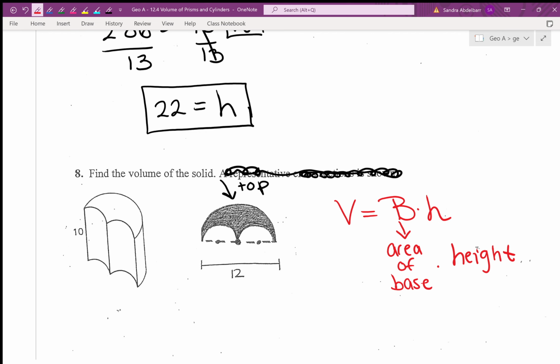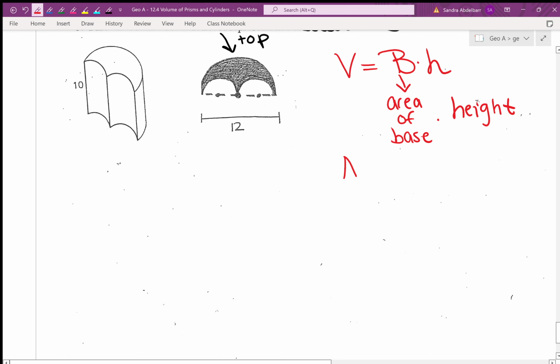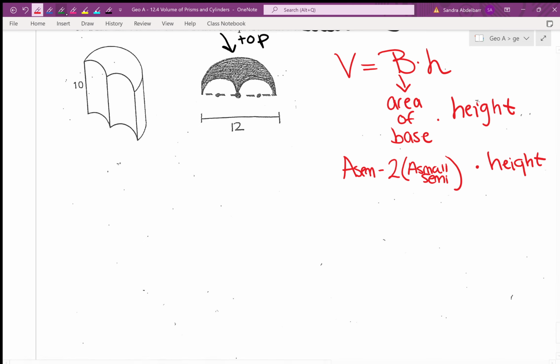So area of the base is going to be area of the semicircle minus 2 times the area of the small semicircle. Does that make sense? Yeah. Times the height. All right, area of a semicircle, isn't it pi r squared over 2?